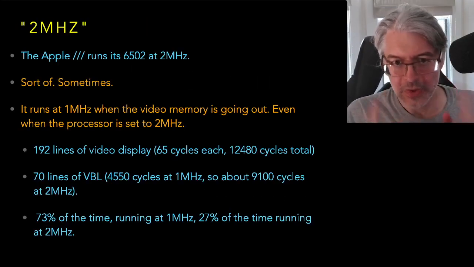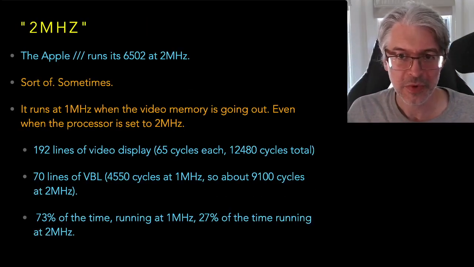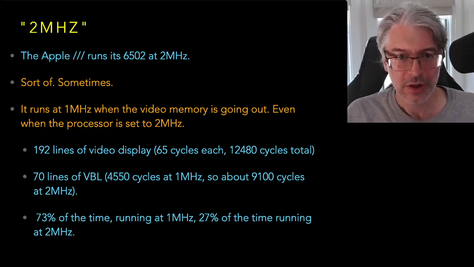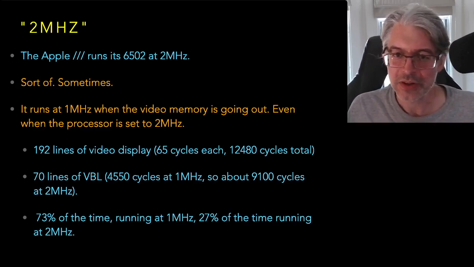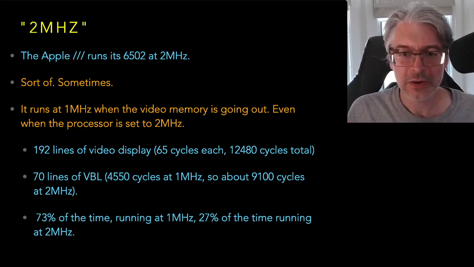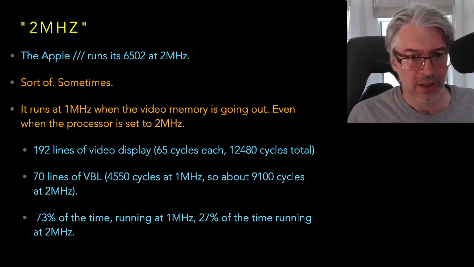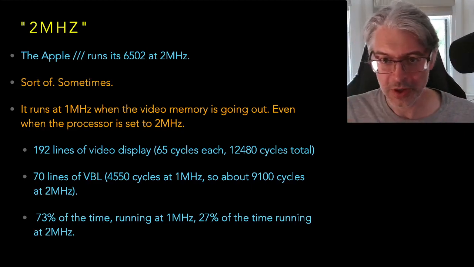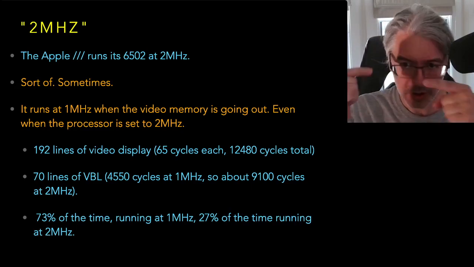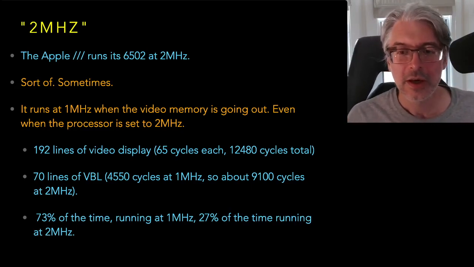Okay, so the Apple III runs its 6502 at 2 megahertz, sort of, sometimes. Actually, what it does is it runs at 1 megahertz whenever the video memory is going out. The processor can be set to either 1 or 2 megahertz, but even when it's set to 2 megahertz, when the video memory is going out, it's running at 1.